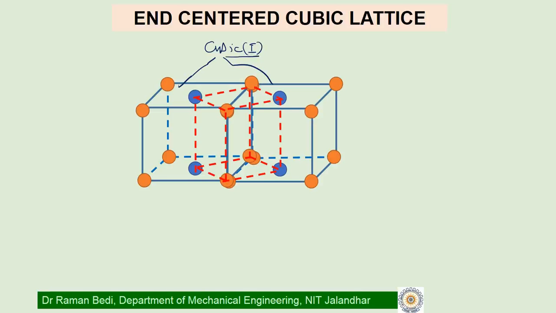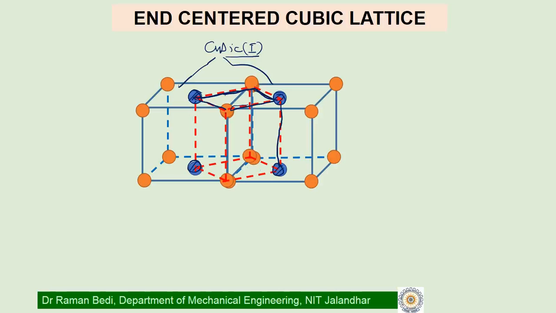But when you look at this carefully, we find that these lattice points at the face, the blue ones, along with those at the corners, themselves create a unit cell. This is a unit cell in itself, the one shown here with these dotted lines.